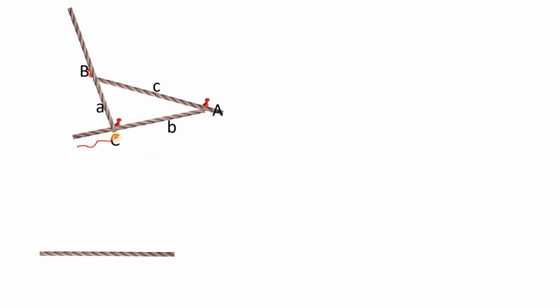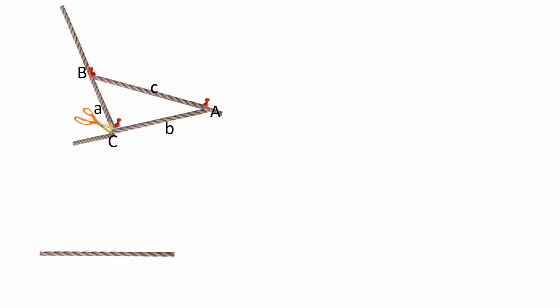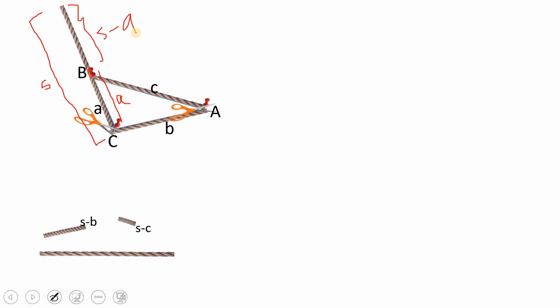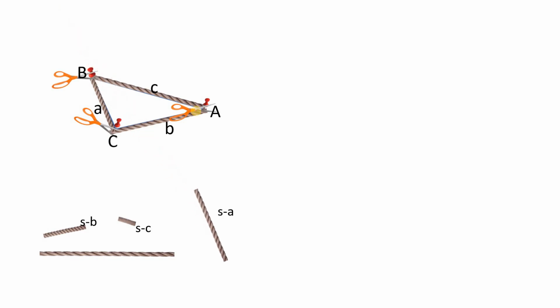Since this whole length is S, the semi-perimeter, and this length is B, this leftover part has length S minus B. So we were cutting the piece of S minus B. Similarly, when we cut this, we are cutting S minus C. For this portion also, this portion is the semi-perimeter S and this portion is A, hence if we cut this part, it will be S minus A. So we are cutting S minus A, and this part is the semi-perimeter itself.